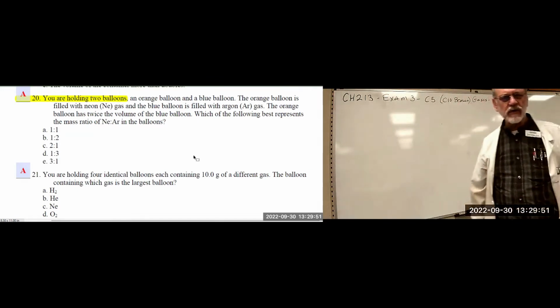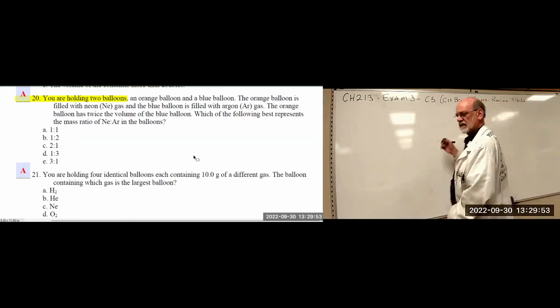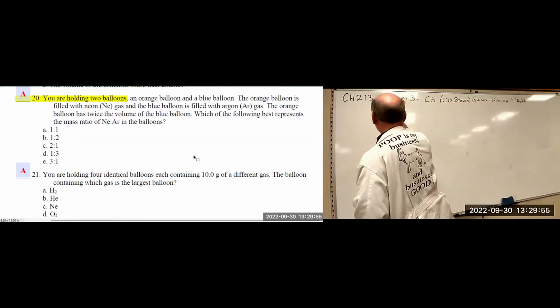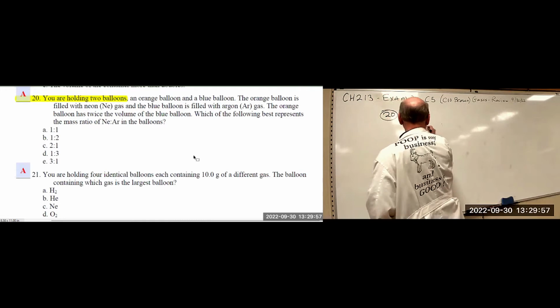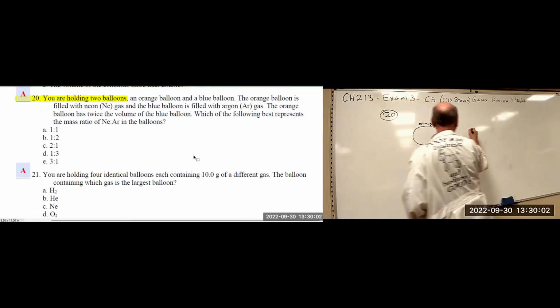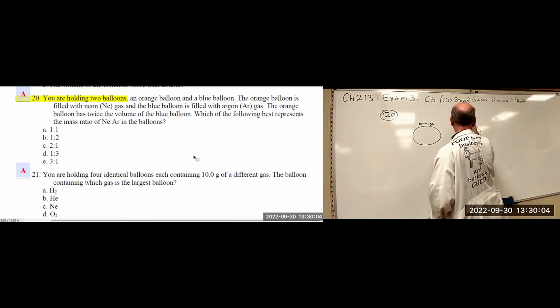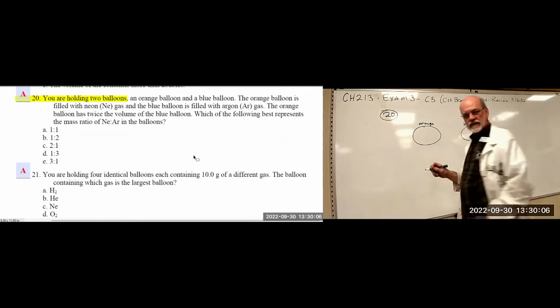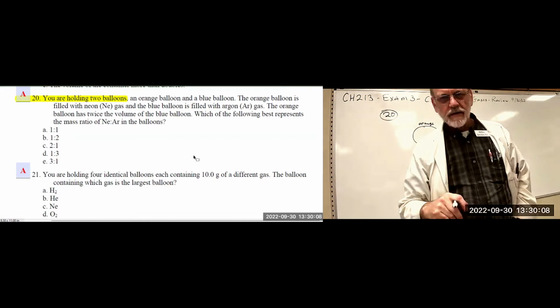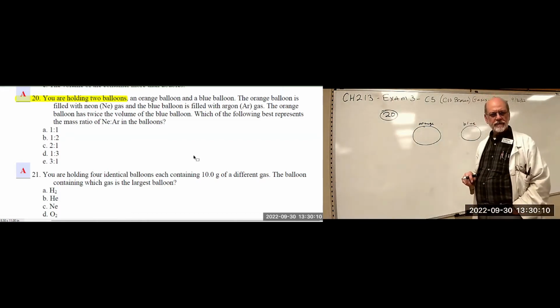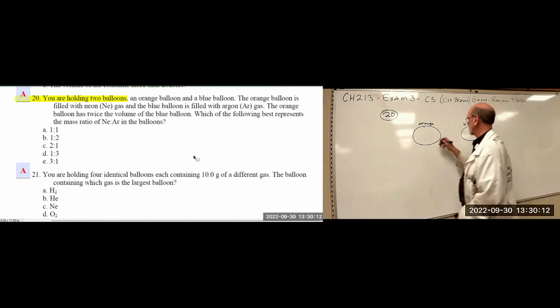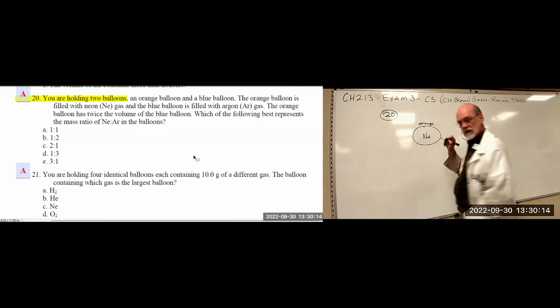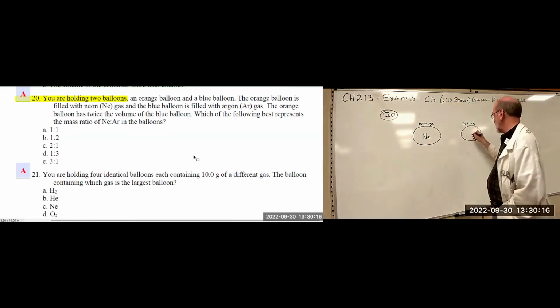Okay, you're holding two balloons, an orange and a blue. This is 20. Now we got an orange and a blue. I don't know if that's the right volume yet. The orange balloon is filled with neon, and the blue balloon is filled with argon.